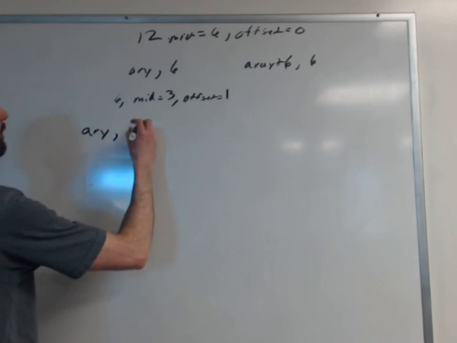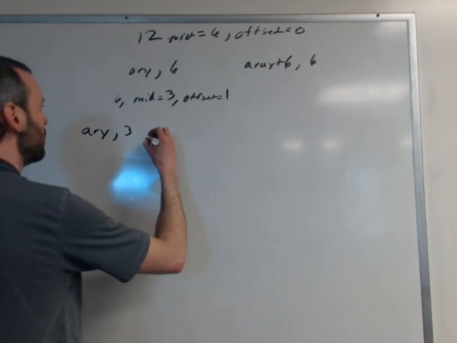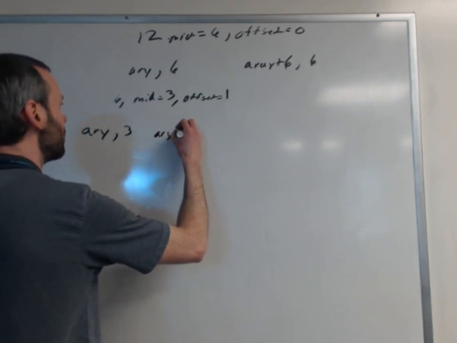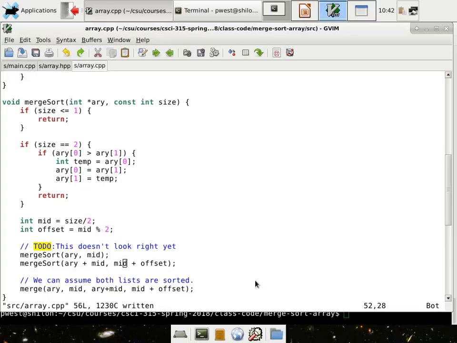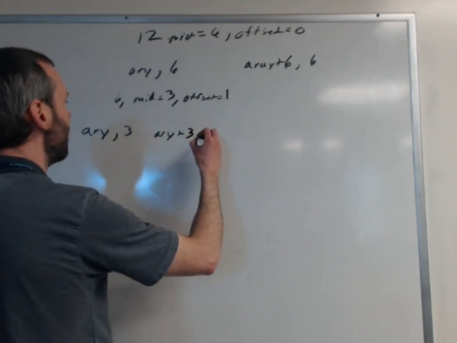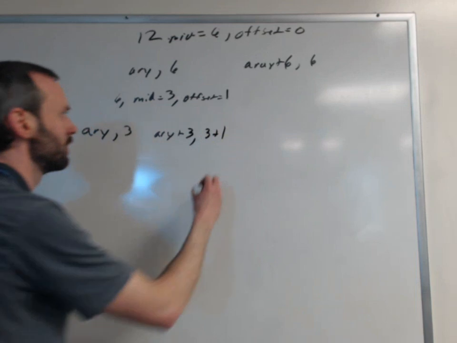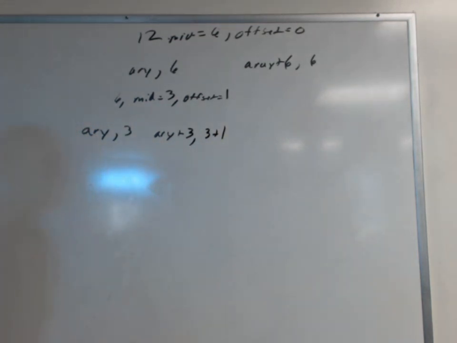Because we're going to call array, comma, 3. All right. And then we're going to call array. Do we add the offset here? Oh, no, no. Plus 3, comma, 3 plus 1. Is that what we wanted?